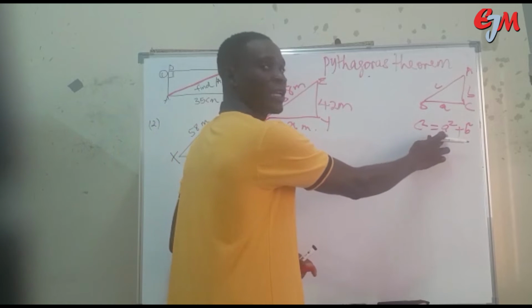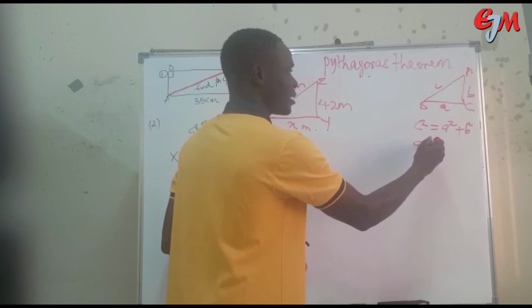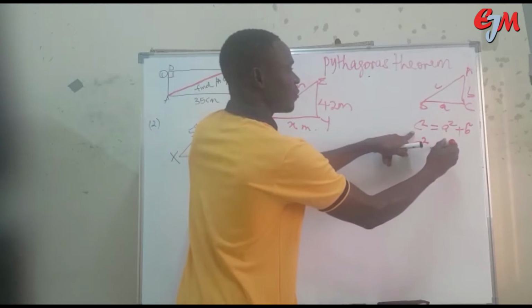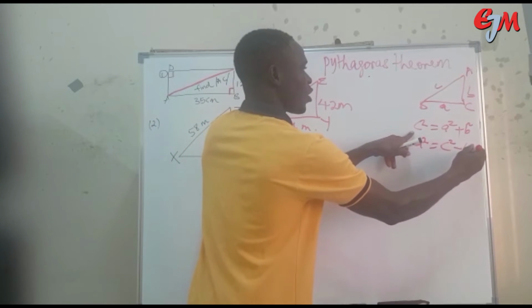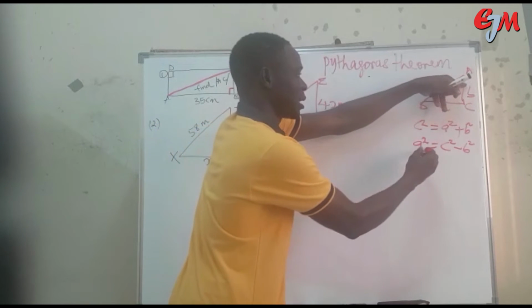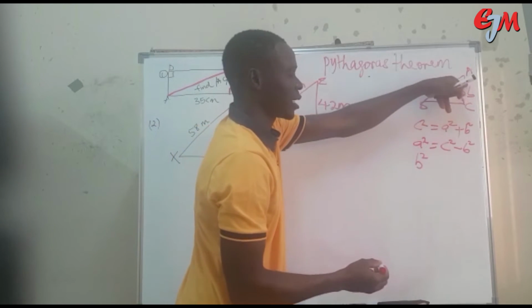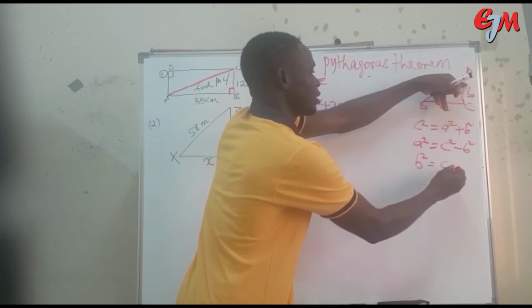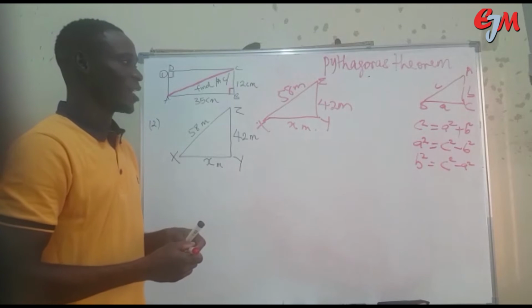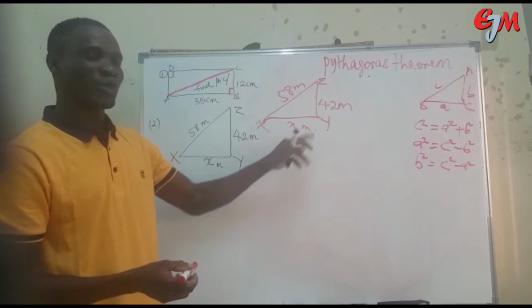If you are looking for any smaller side, say a, it's going to be the longest side squared minus the other smaller side squared. The same thing is applicable to this particular place now. If you want to get this particular side, it's going to be c squared minus a squared. Can you now see? So that is exactly what we are going to do here.